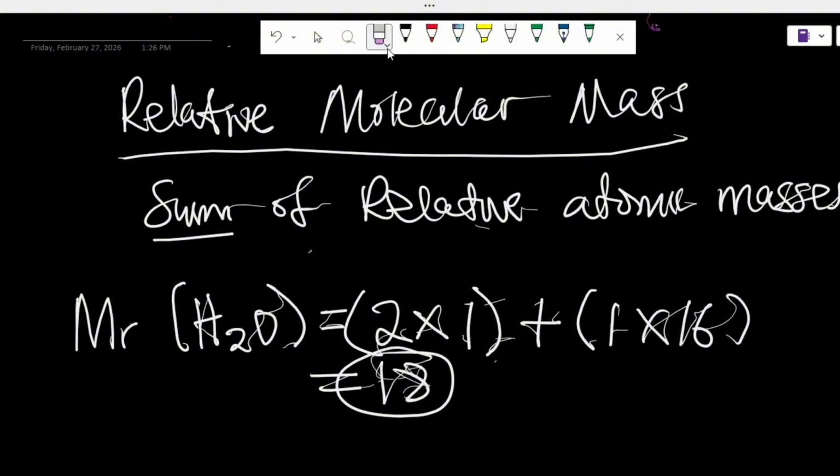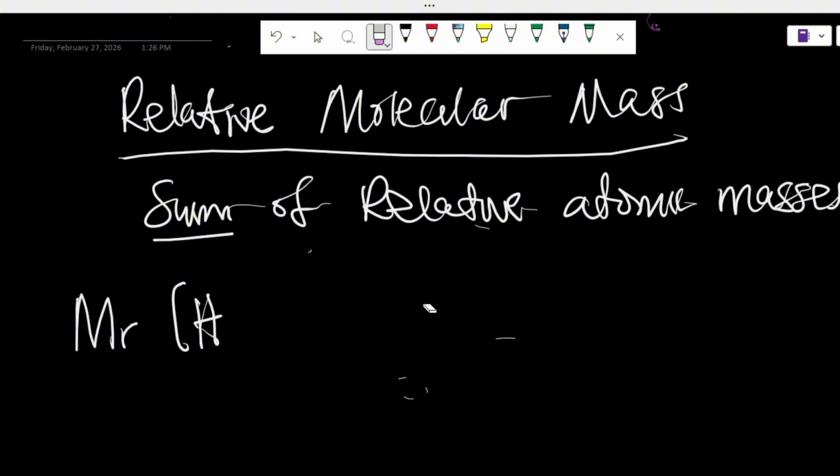Now we can also try another example. Let's try carbon dioxide. So what is the relative molecular mass for carbon dioxide? Now again, you look at carbon itself here. What is the relative atomic mass for carbon? Well, you have 12 as the relative atomic mass of carbon, but how many carbon atoms do we have here?